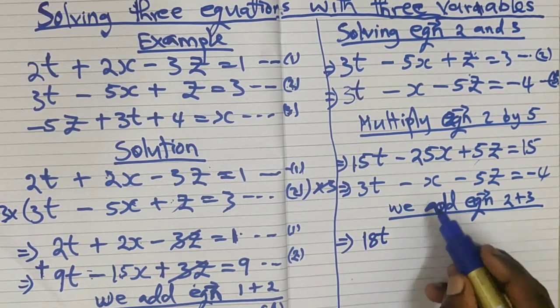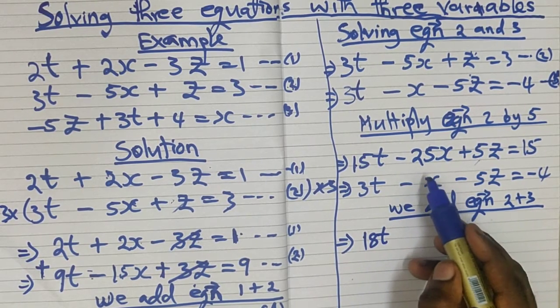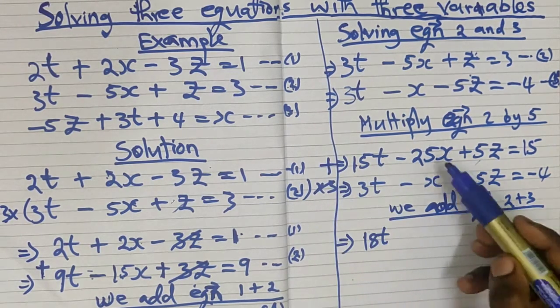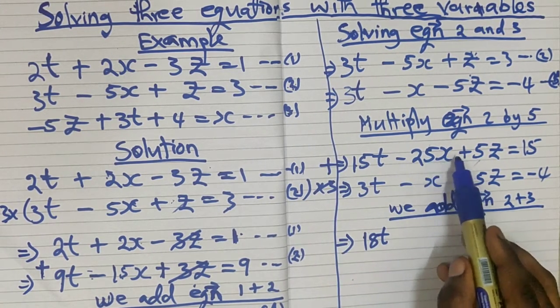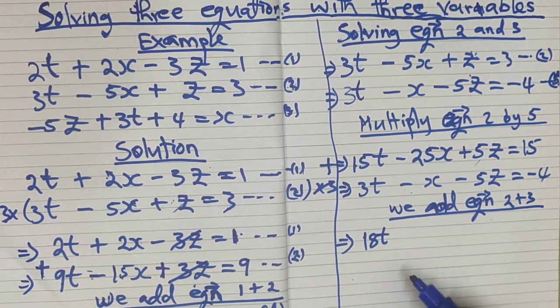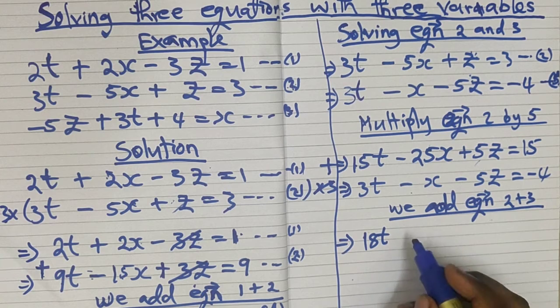Negative 25x plus negative x is negative 26x.